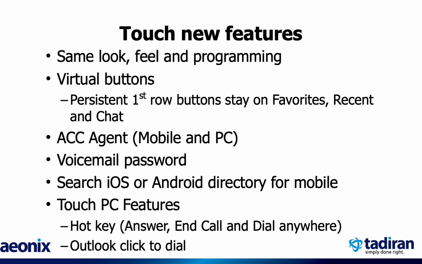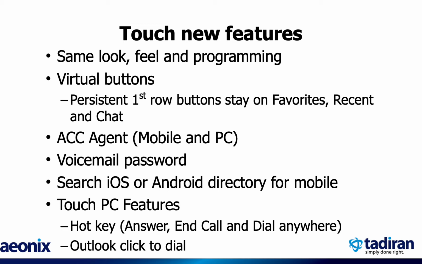On the Touch PC version, you can download that directly from your Aeonix instance in Aeonix4Cloud. Additionally, features and functions programmed by the user are shared between both the PC version and mobile versions. This means the same experience and interface between both of them for your Aeonix4Cloud users.